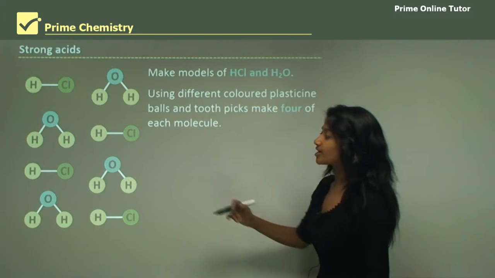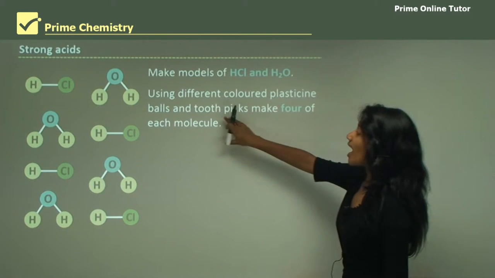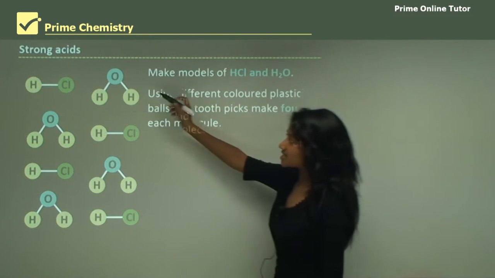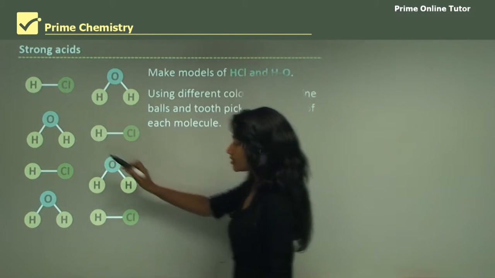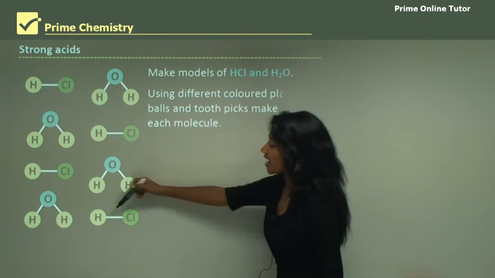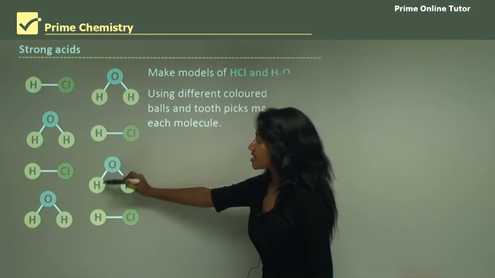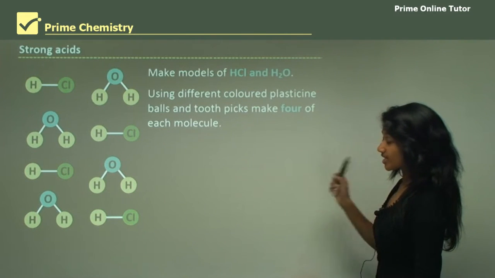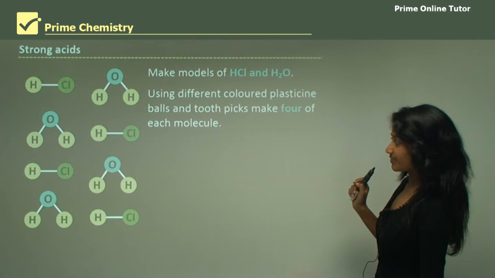You would use the different colored balls and also toothpicks to make 4 of each of the molecules. I have made 4 water molecules and 4 hydrochloric acid molecules, and I have used toothpicks to connect the atoms together in a molecule.